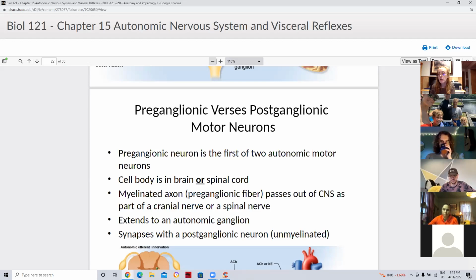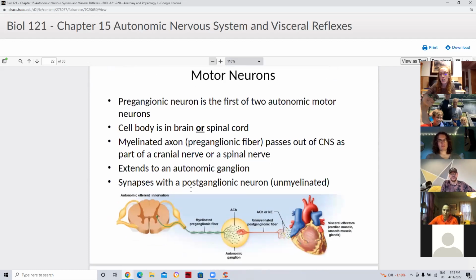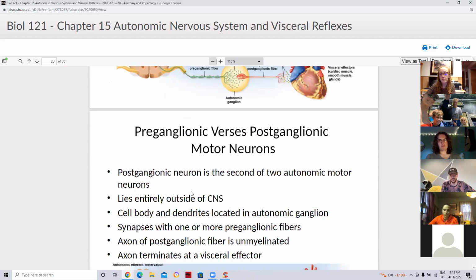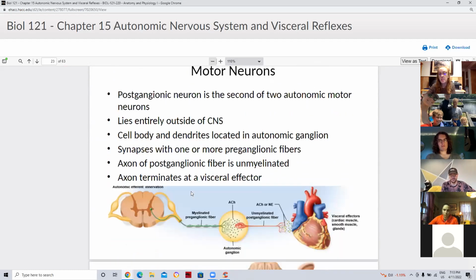It's going to extend to an autonomic ganglion and synapse there with a postganglionic neuron that's unmyelinated. The postganglionic neuron is the second of two autonomic motor neurons.